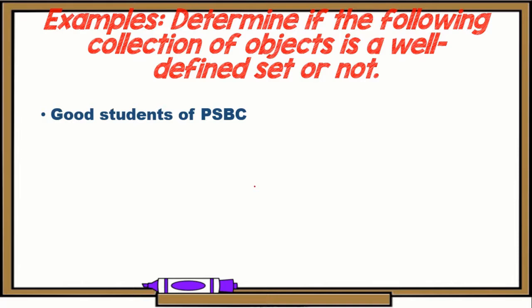How about you? Do you consider yourselves as good? Okay. If we are only talking about students of PSBC, then it is a well-defined set. But with the addition of this characteristic, good, it makes our collection ambiguous. Therefore, this is not an example of a well-defined set.